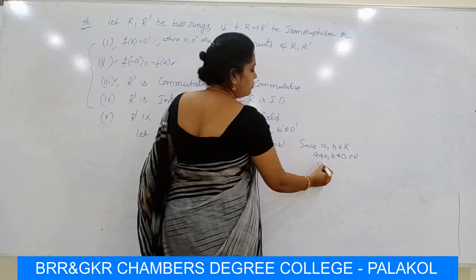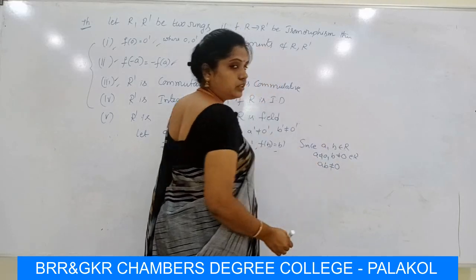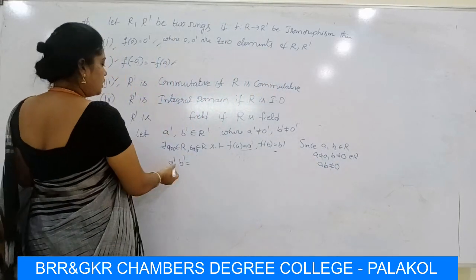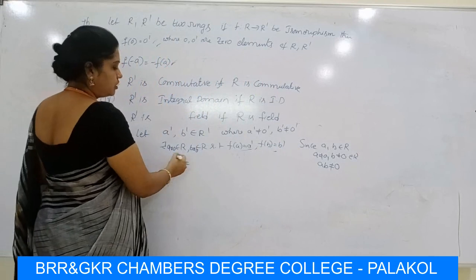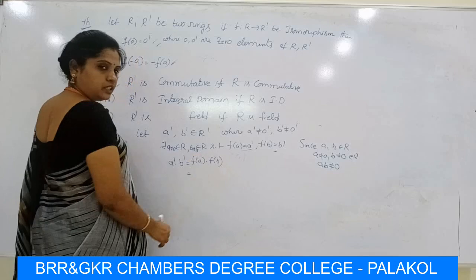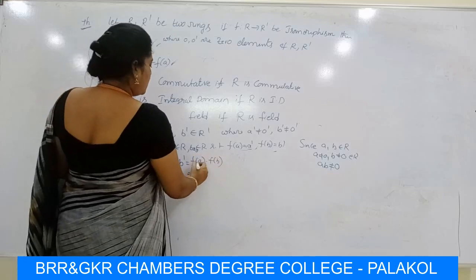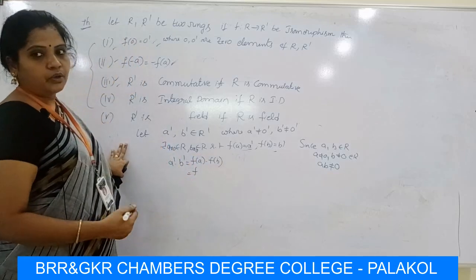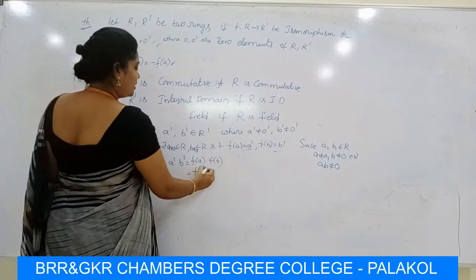So then ab is also not equal to 0. Since here a' into b' is equal to f(a) into f(b), then by the homomorphism condition it is f(ab).